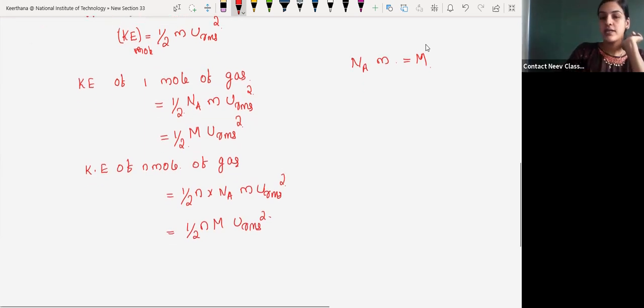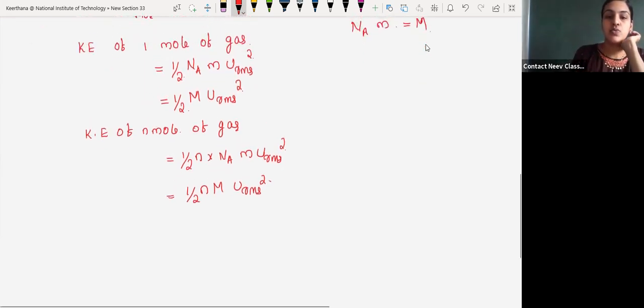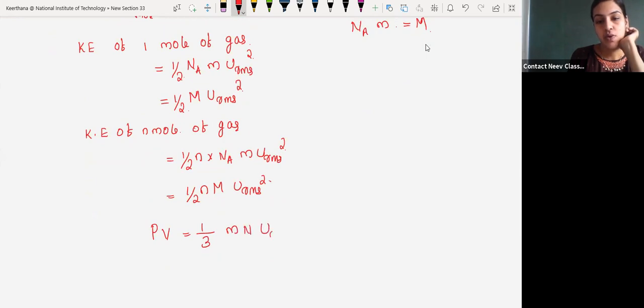And I can rewrite this one, PV. PV is equal to 1/3 m n u RMS square. And I know kinetic energy of one molecule is equal to half m u RMS square.